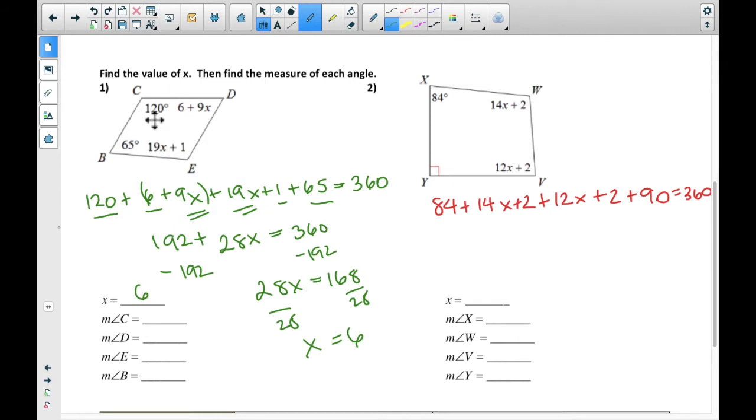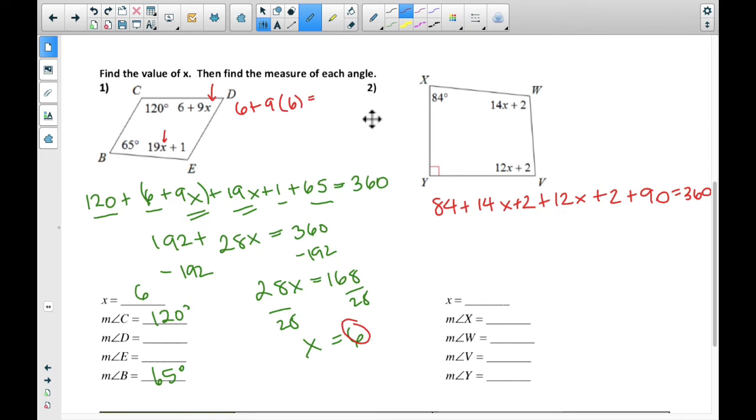I know that angle C is 120 and angle B is 65, so I can fill those in. The next thing I want to do is take this 6 and plug it in here for the E and here for the D. So 6 plus 9 times 6.